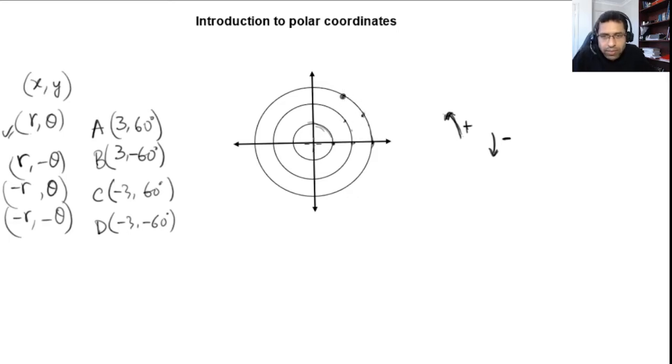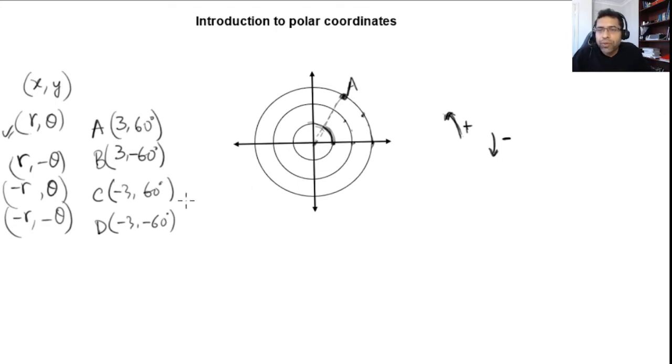So we can imagine that this is creating 60 degrees with that axis. So this point is our A, which is (3, 60 degrees). This is the point on that circle with radius 3, and the angle created by OA, if the center is O, is 60 degrees with the axis.